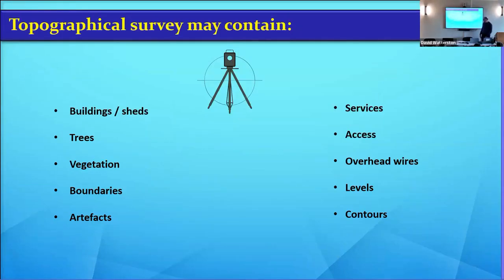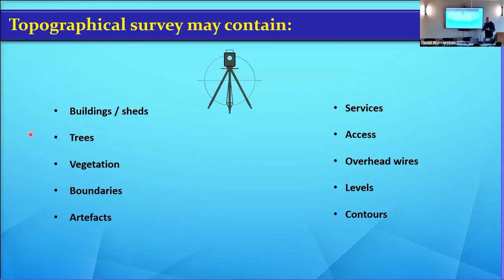So your survey, what's it going to contain? Well, it'll contain anything that you want it to contain. So if you're only interested in, I don't know, the relative position of the main building and the boundaries and a few levels, because you're going to rip everything else out, that's all they ask for. But generally, you can get buildings, sheds, trees, vegetation, boundaries, artifacts, services.